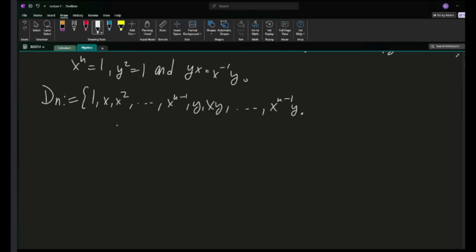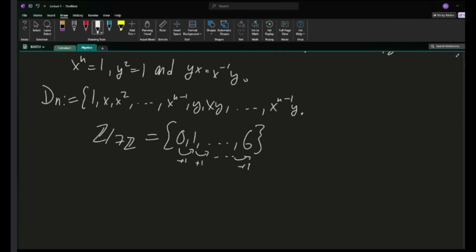Okay, so let's say we're dealing with the additive group of Z mod 7Z, and that's denoted by the elements 0, 1, all the way to 6, right? So all we're doing is adding 1 plus 1 plus 1 and so forth.